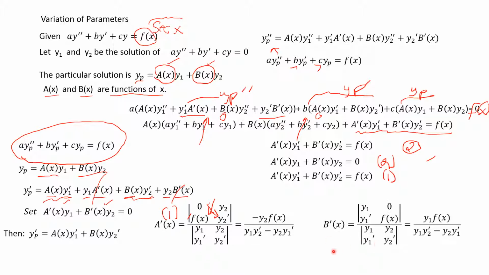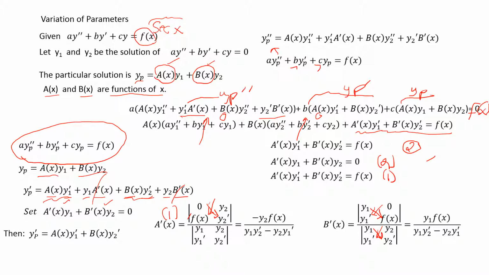At the same time, you have b prime x here. You just write y1 and y1 prime there, and then 0 and f of x. The denominator is the same: y1, y1 prime, y2, y2 prime. Evaluate just like there, and you have y1 f of x over y1 y2 prime minus y2 y1 prime.